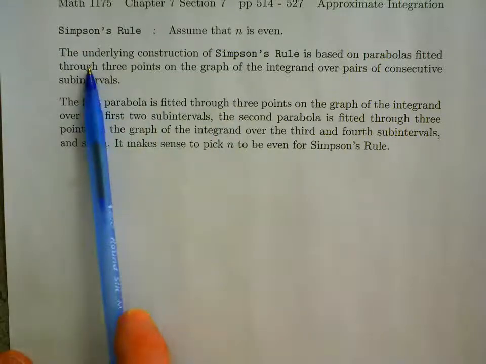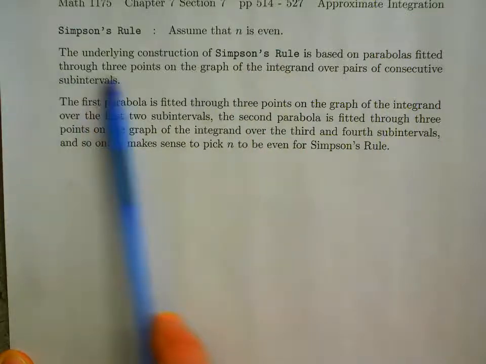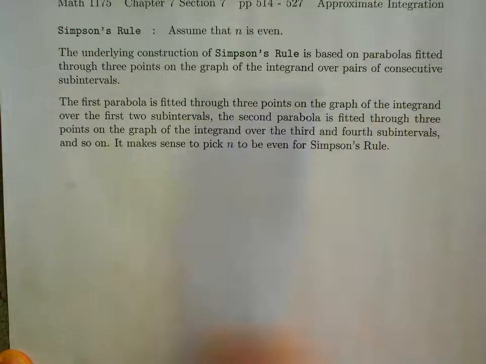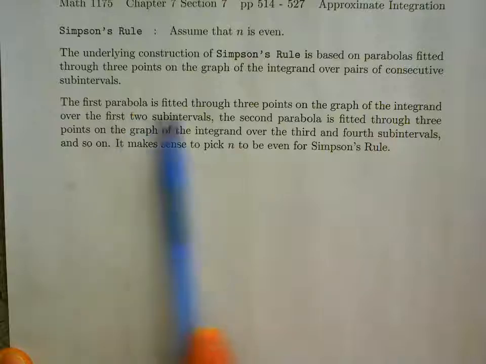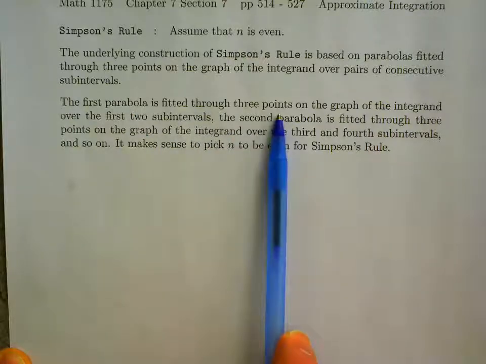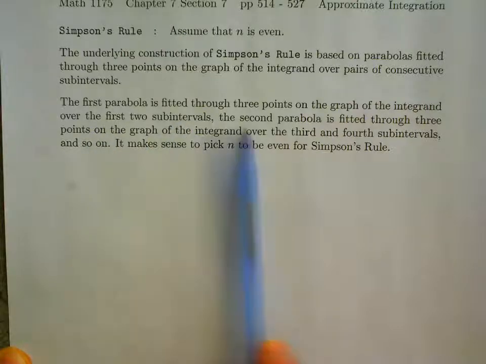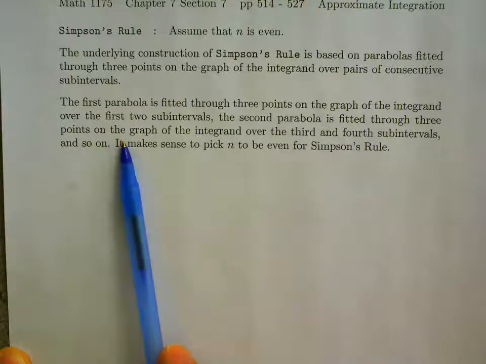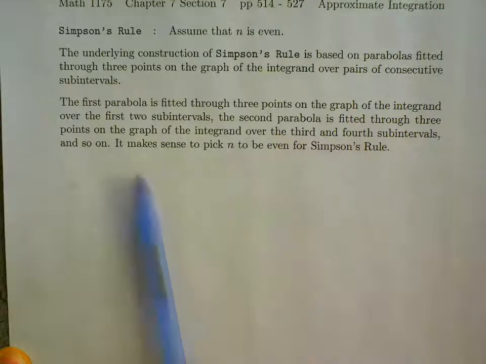Okay, so the underlying construction of Simpson's Rule is based on parabolas fitted through 3 points on the graph of the integrand over pairs of consecutive subintervals. The first parabola is fitted through 3 points on the graph of the integrand over the first 2 subintervals. The second parabola is fitted through 3 points on the graph of the integrand over the third and fourth subintervals, and so on.